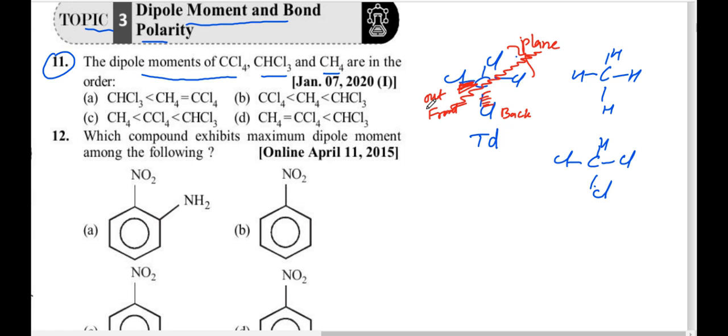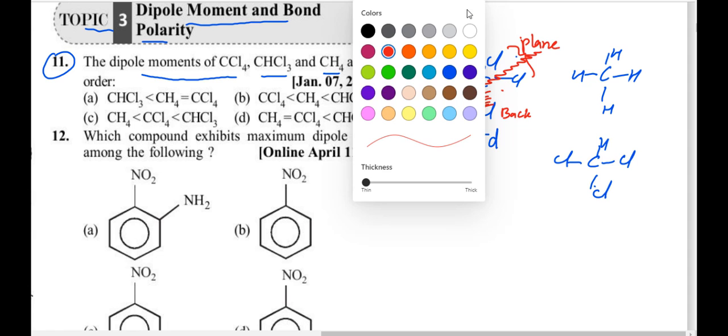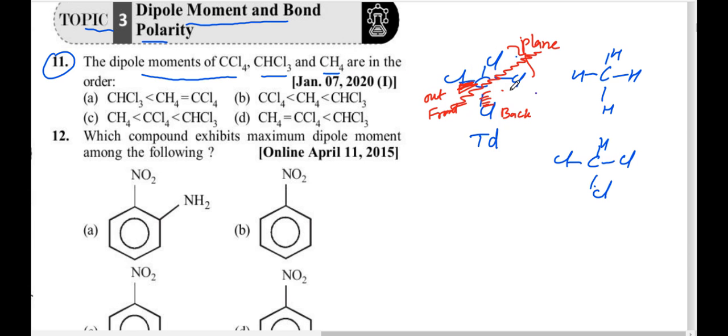symmetry is there. In the symmetrical structure, this one is pulling the electrons here, this one is pulling here, this one here, this one here. The resultant dipole moment mu equals 0. Similar explanation here, mu equals 0.